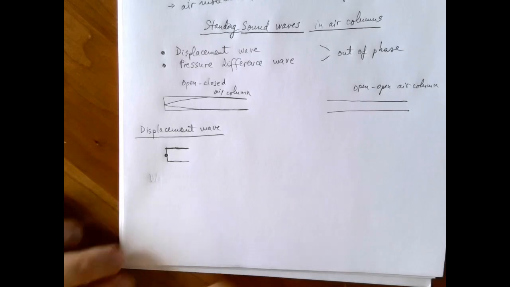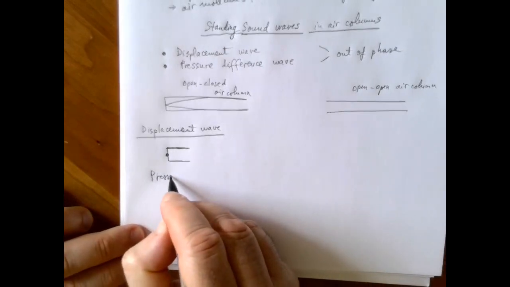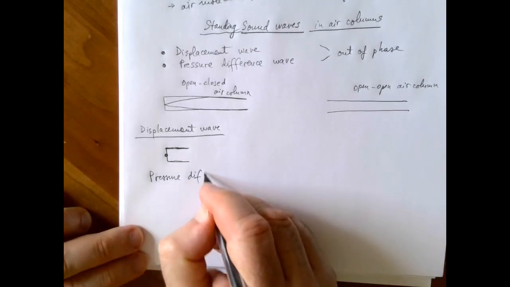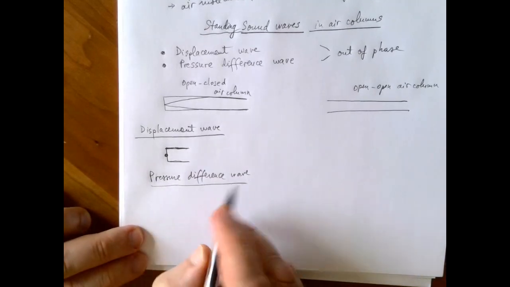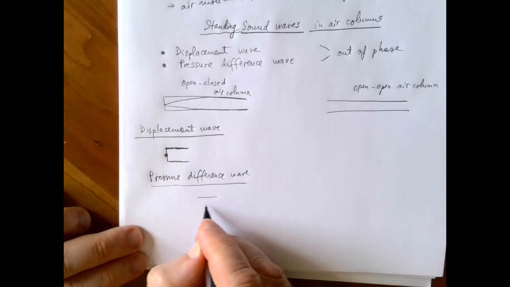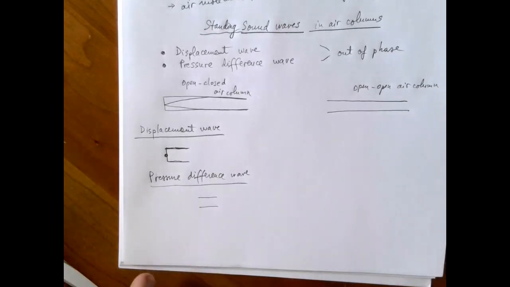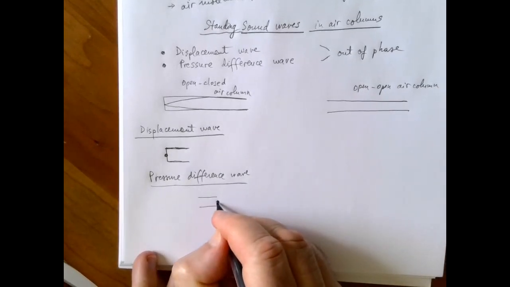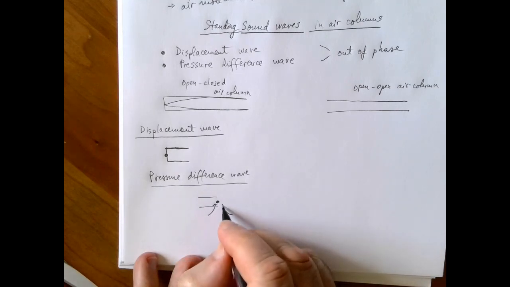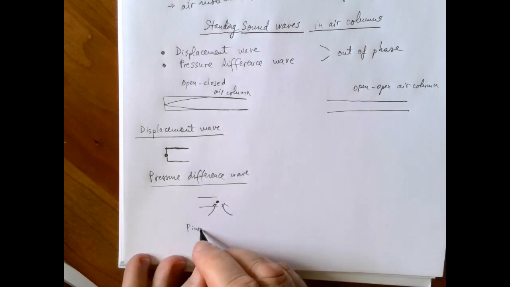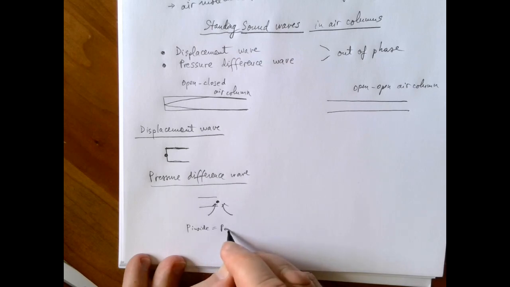Now, if I look at the pressure difference wave, it's perhaps a little easier to understand what happens at the open end. At the open end, I will have a node. And the reason for that is that the pressure inside is equal to the pressure outside.